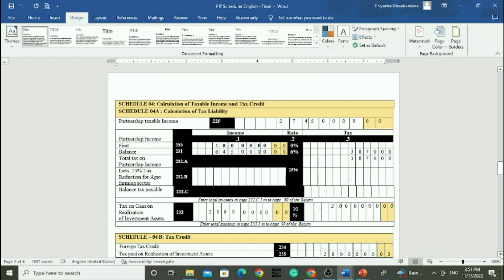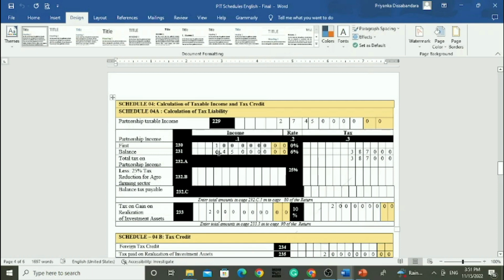This is the calculation of taxable income and the tax credit schedule. Under Schedule 4A, we can calculate the tax liability of this partnership. Under page 229, we can include taxable income. Taxable income of this partnership is 2,745,000. For the first 1 million, that is tax free, we can apply 0% on that, therefore no tax is there.